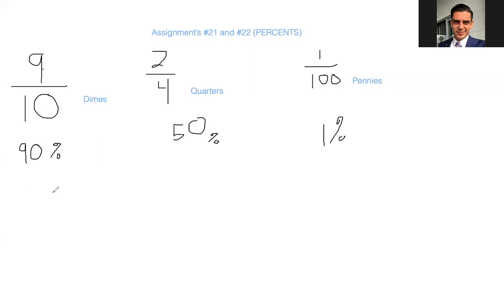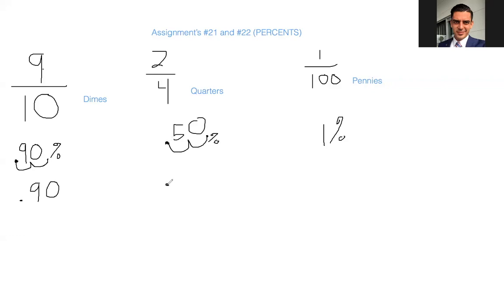Now converting this to a decimal is pretty easy. If you're converting a percent to a decimal, you start the dot here and then you move over to the left twice, and then you put the decimal right there. So this one would be 90% or 0.90. This one, same thing: you start the decimal here, move to the left twice, leave the decimal there.